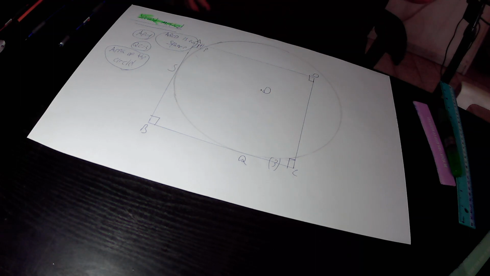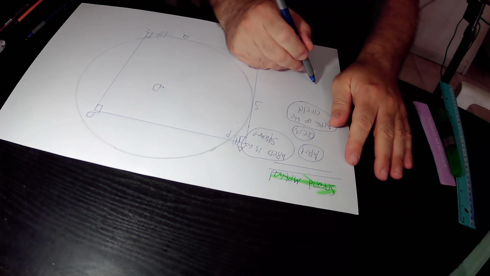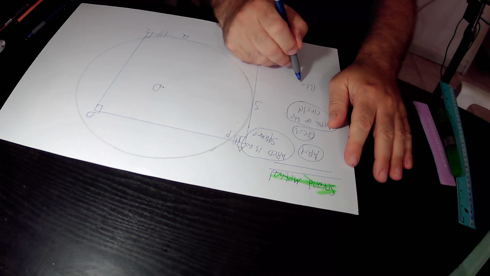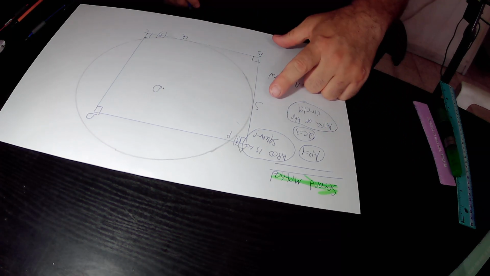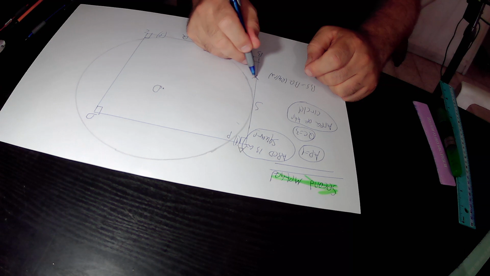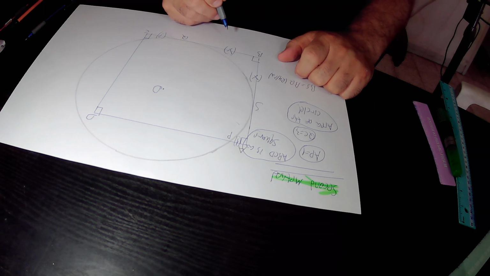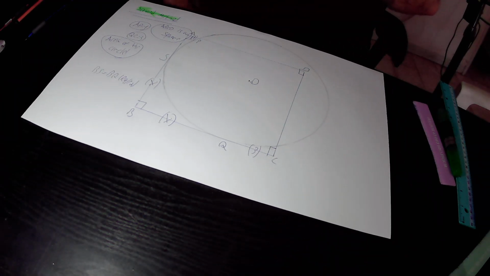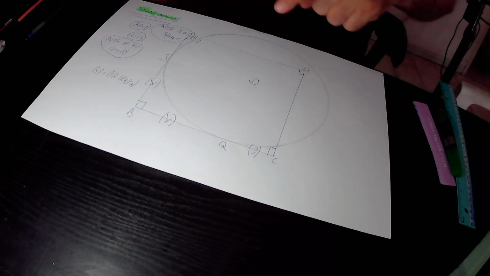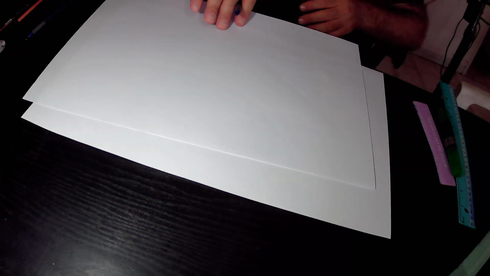So if we define the length of this tangent BS as x, then the length of this tangent BQ must also be equal to x because they are equal according to rule 2. We know that ABCD is a square, therefore side AB must be equal to side BC. So I write it down. The square ABCD, side AB equals side BC.